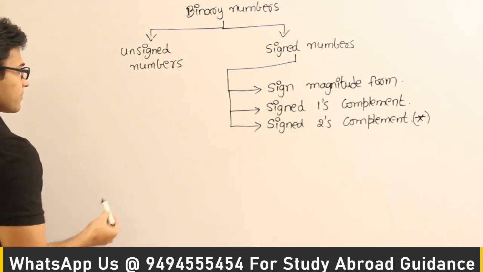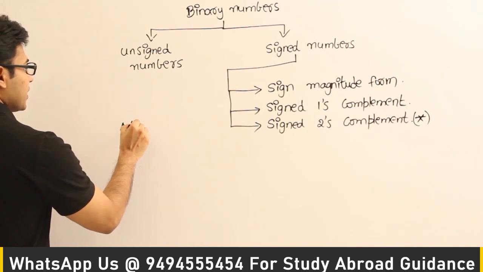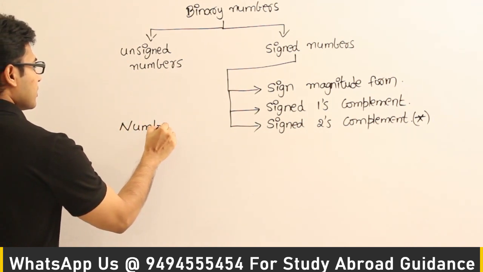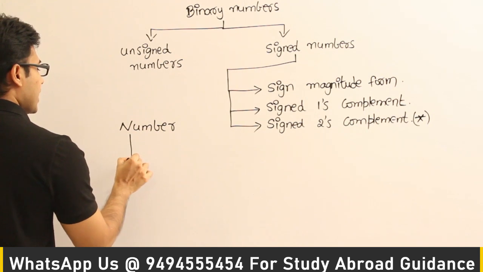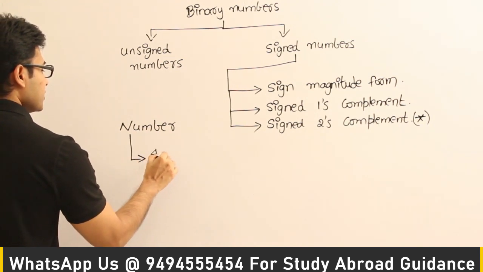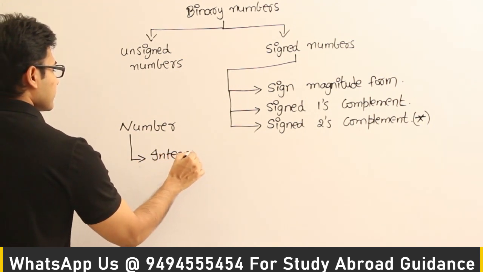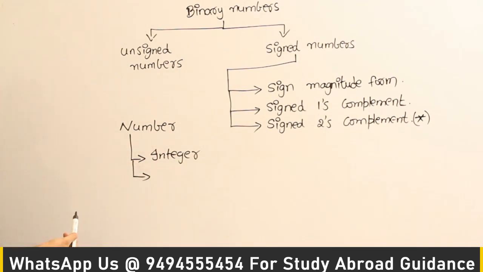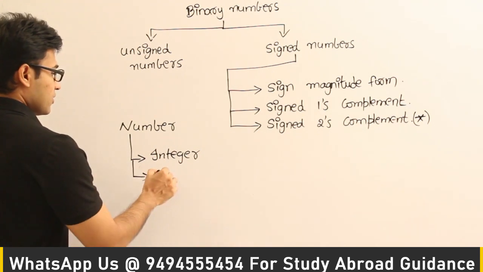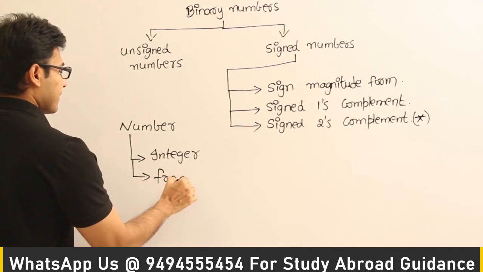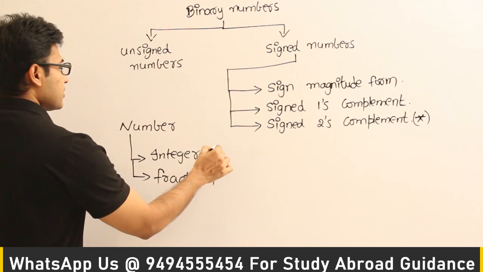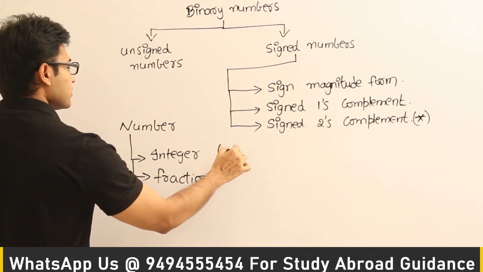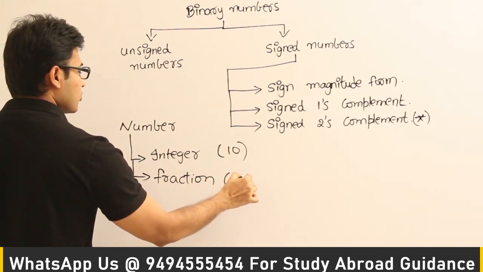I'll just classify them. If you look at any number, it will either be an integer. I am not talking about imaginary numbers, just the normal numbers that we use every day. An integer or a fraction. Integer means, let's say, 10 is an integer, and a fraction means 0.14.